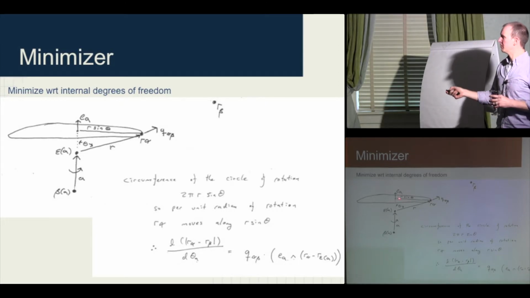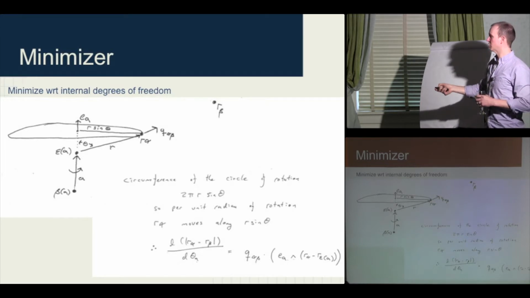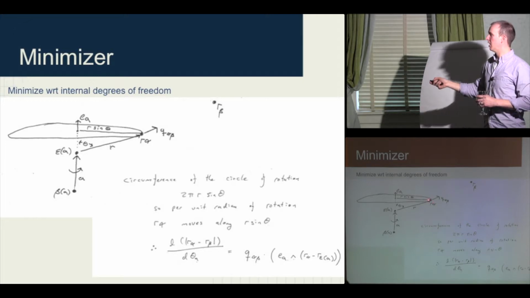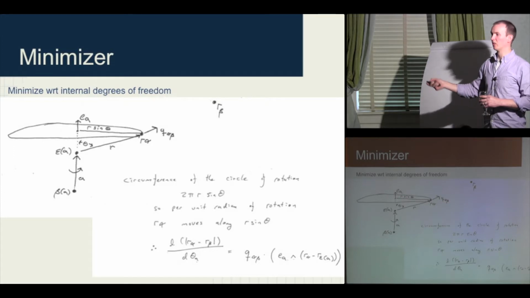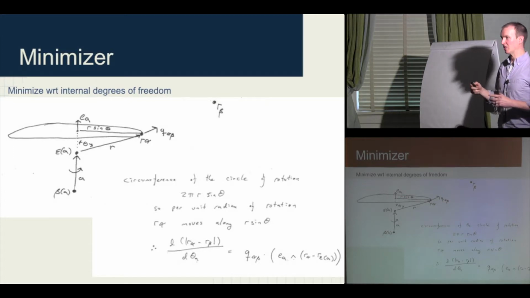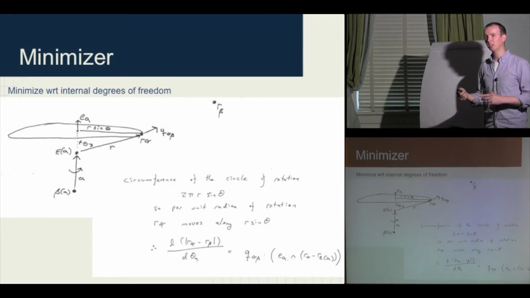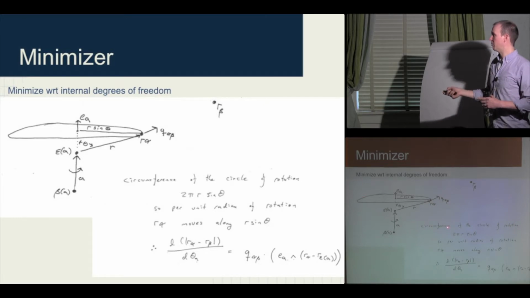If we rotated about A by 2 pi, then we're going to move alpha 2 pi r sine theta angstroms around this circle, which means that for any 1 radian worth of rotation, we're going to move by 2 pi r sine theta.